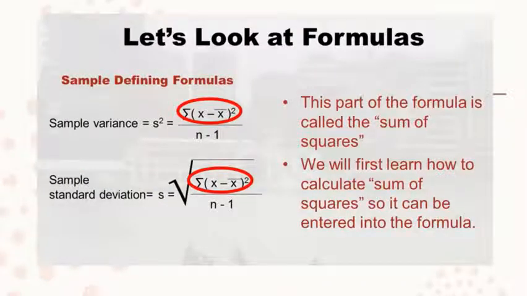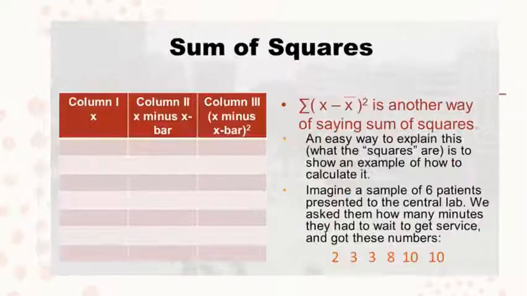Okay, so now we're going to go ahead and break down the equation and see how to work it out. The first part, that circled part right there, is actually called the sum of squares. Now let's get in there and figure out how to work that top part, because this is the most complicated part of your sample variance, the sum of squares. Okay, let's do it.